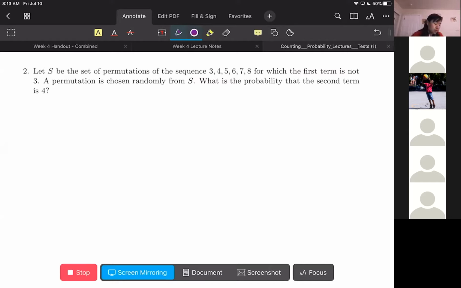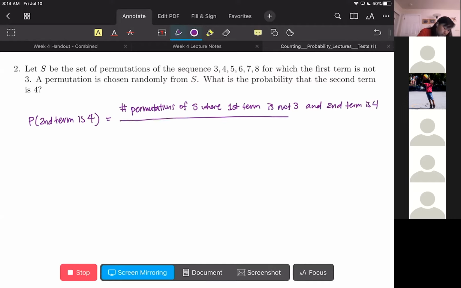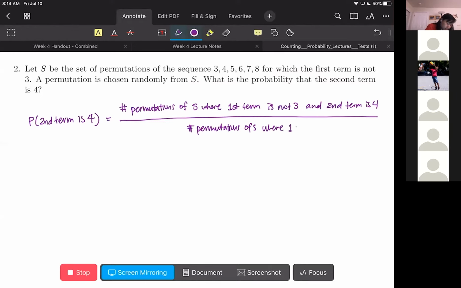So let's say the probability the second term is 4 equals the number of permutations of S where the first term is not 3 and the second term is 4, over the number of permutations of S where the first term is not 3.